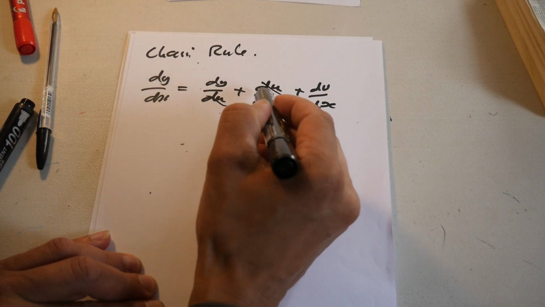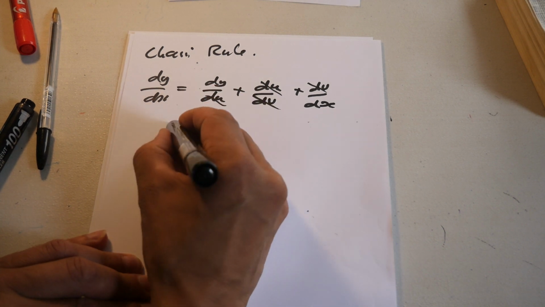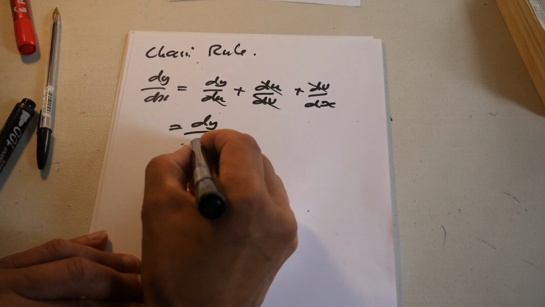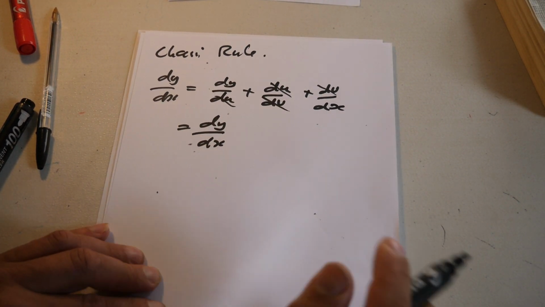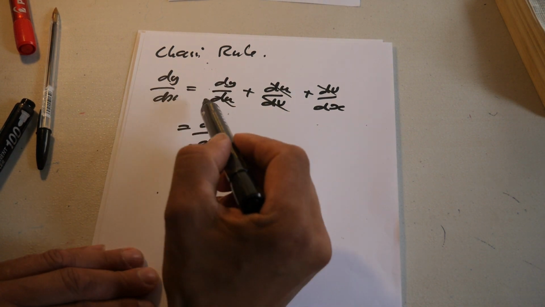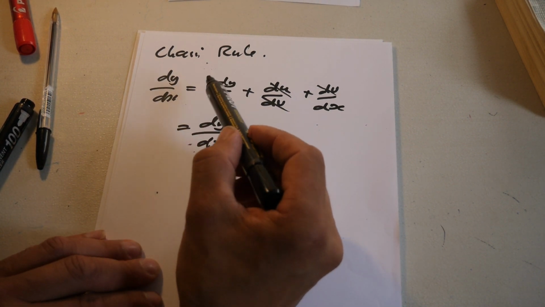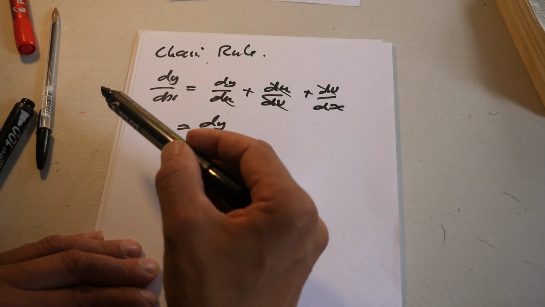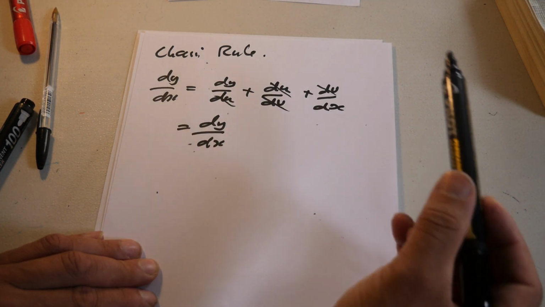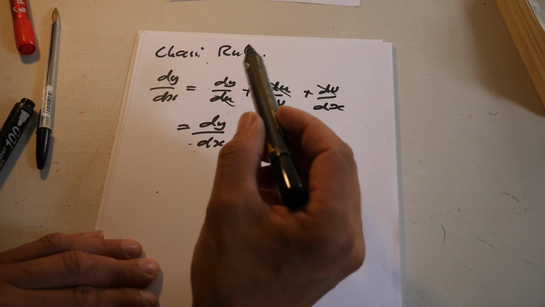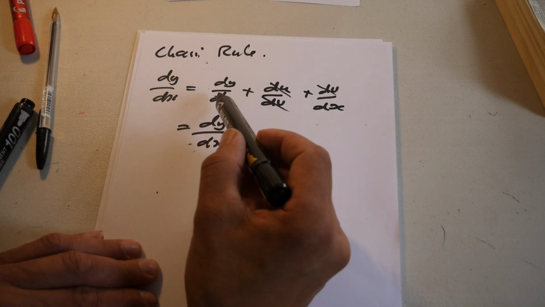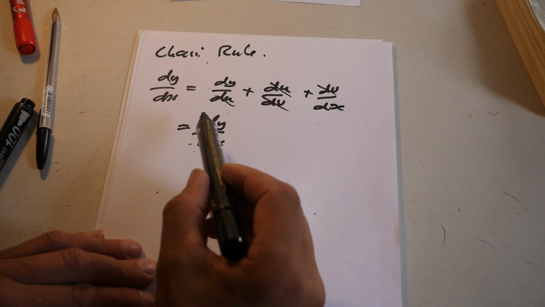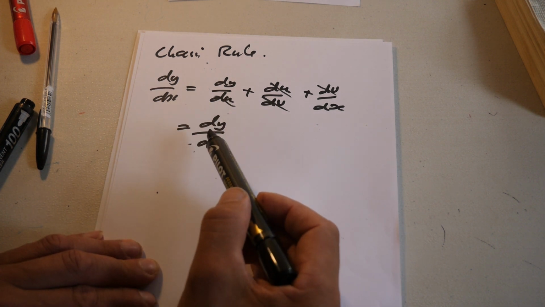So these actually all cancel to leave dy by dx. So you basically are breaking a function down into lots of smaller bits, okay? You have a function within a function within a function, and you take the derivative of each of the subfunctions, and you multiply them all together, you get the derivative of the whole function. That's how it works, okay?